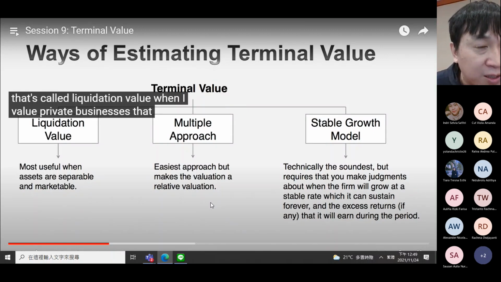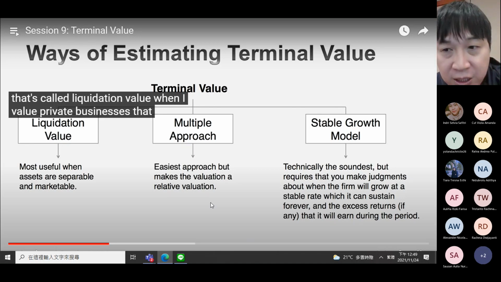What's the value worth to a buyer? So that is liquidation value. And the second approach, like I said, is the relative approach.